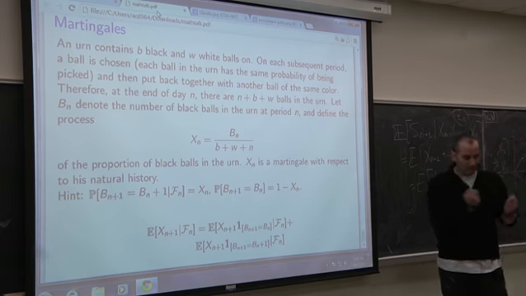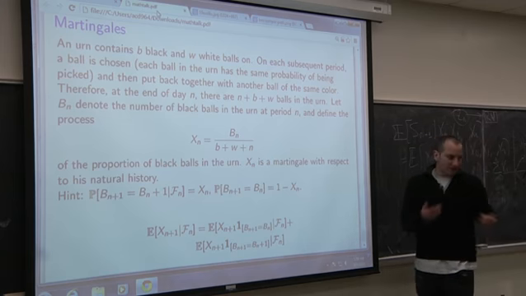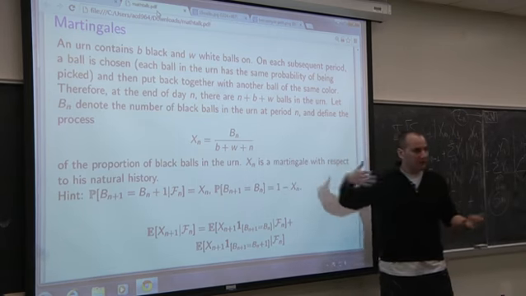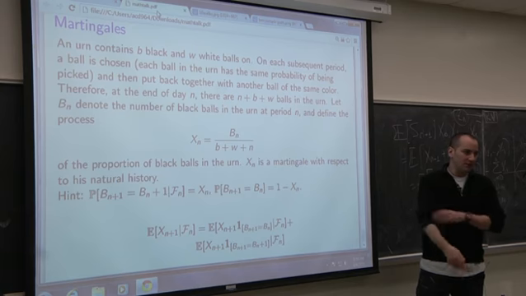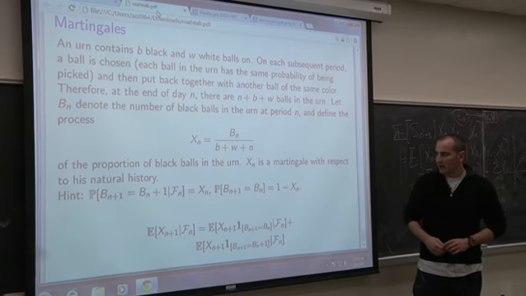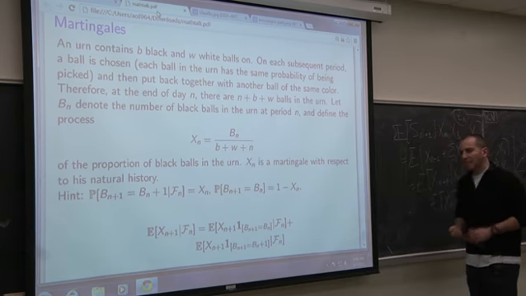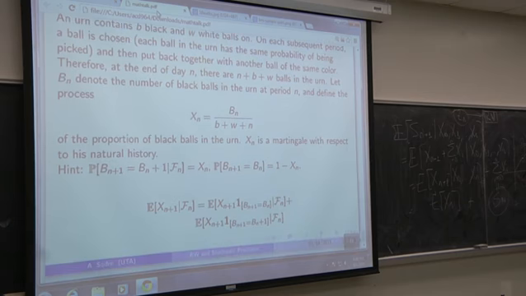If I pick white, I replace it with 2 white balls, and I keep doing that. That forms a process. The proportion of black balls at time n is a stochastic process, and you can prove it's a martingale with respect to the natural filtration, the natural history of what you've done so far in that exercise. There are some hints, and I can make them available.